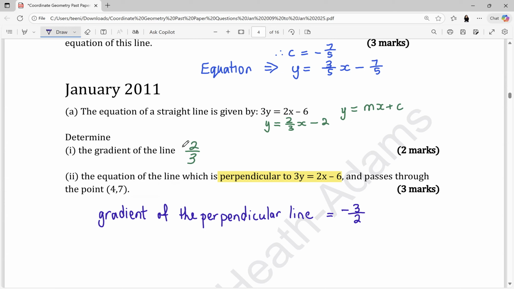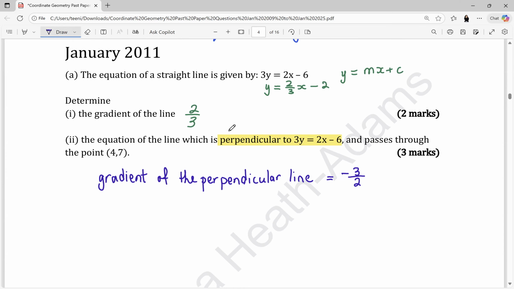So guys, if you know the gradient of a line, you can find out the gradient of a line that's perpendicular to it by simply flipping it, literally inverting it, taking the reciprocal and making it negative. So since the gradient of the first line, 3y equals 2x minus 6, is 2 over 3, then the gradient of a line that's perpendicular to that would be -3 over 2.